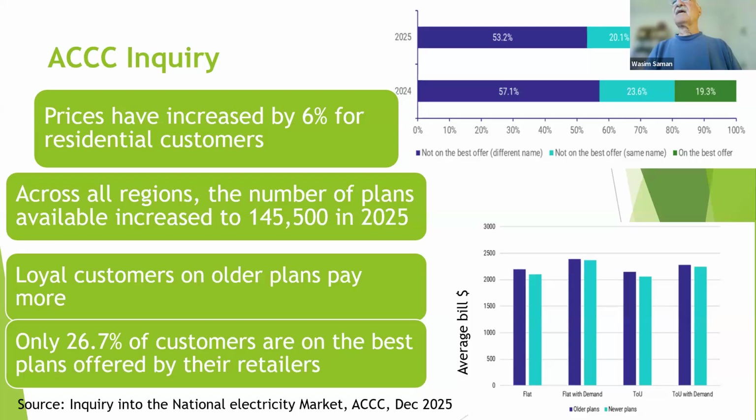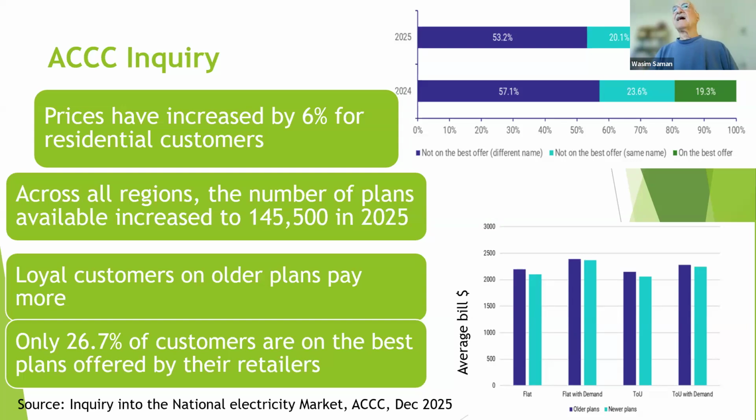And if we look at the chart at the top right-hand side of this slide, you will see three components, and it shows what happened in the year 2024 and the year 2025. In 2025, that number, the 26.7, is how many are on the best offer.